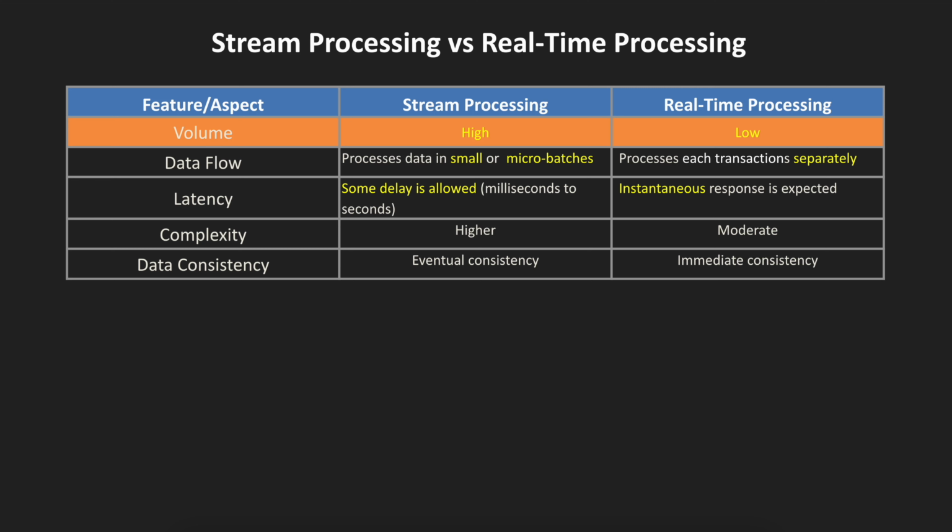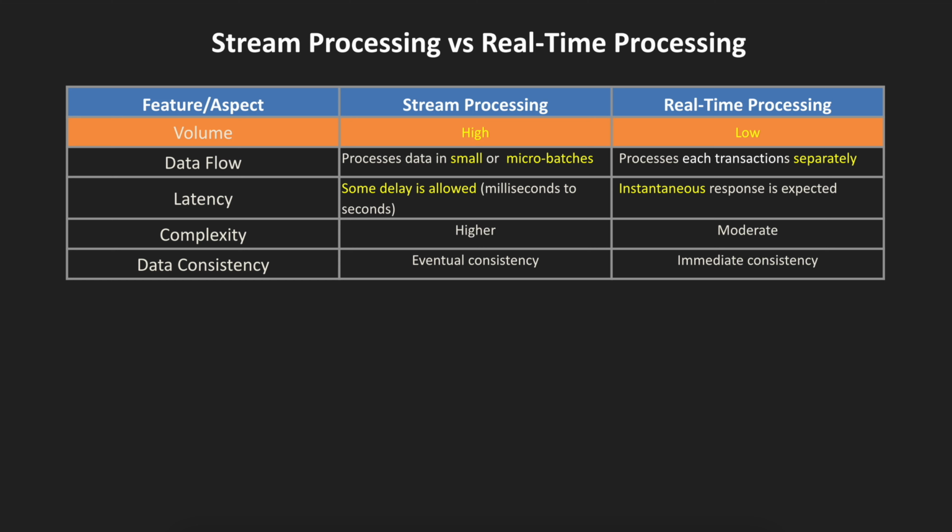Because of that volume, stream processing processes data in small or micro batches, whereas real-time processing processes each transaction separately. Latency is low, either in microseconds or milliseconds.